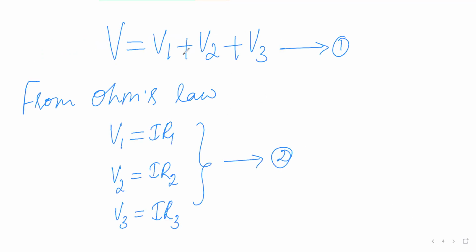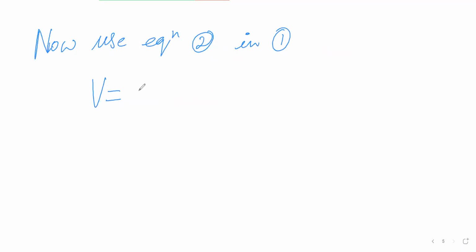Now use equation 2 in 1. V equals V1 plus V2 plus V3, which is I R1 plus I R2 plus I R3.